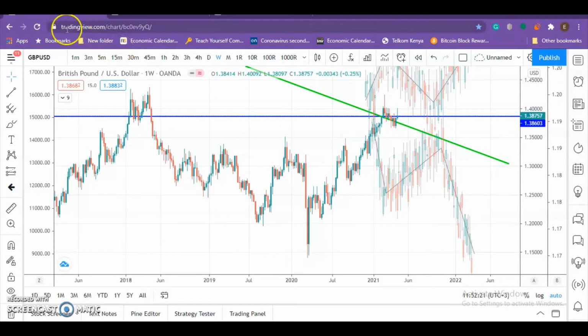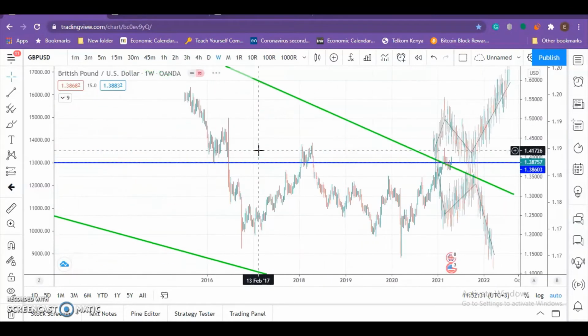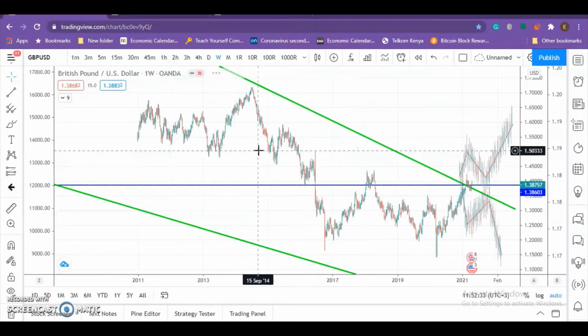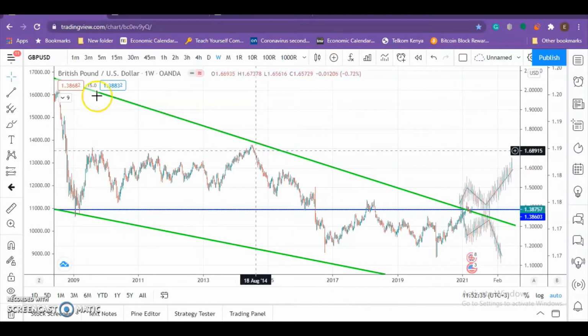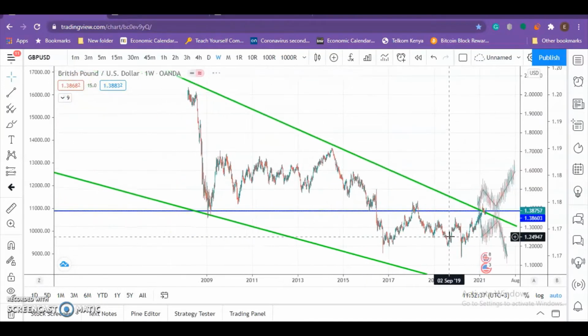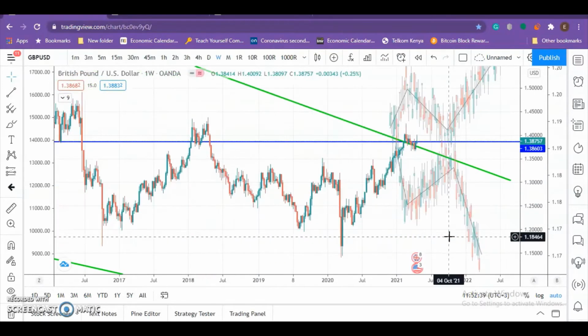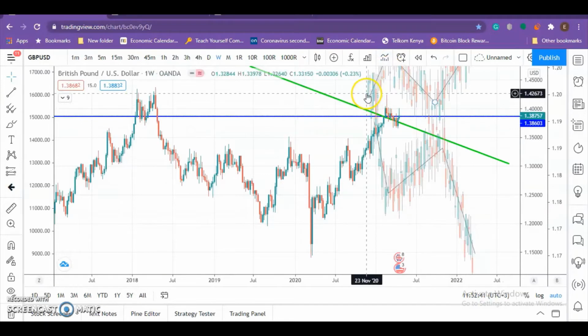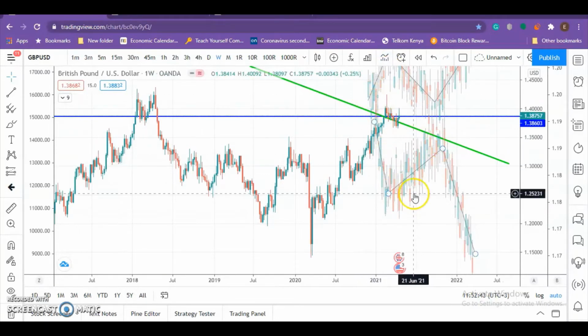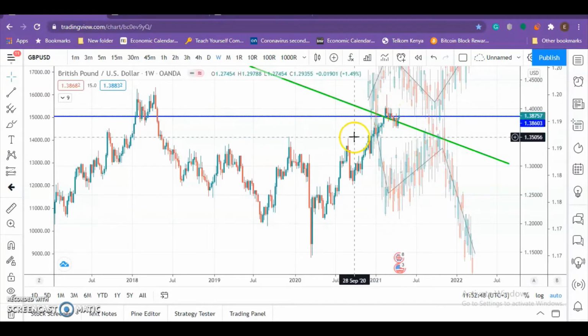Right here we have tradingview.com. That's what I'll be using for this analysis. You remember we've been tracking this for a few weeks, and we can see it's still holding on to our pattern, especially this one, but not in a clear manner, so I'd rather wait on it.